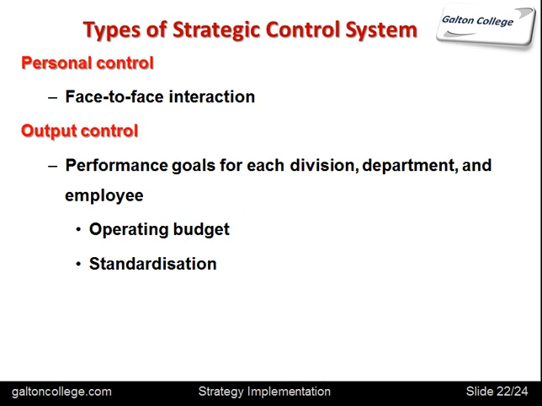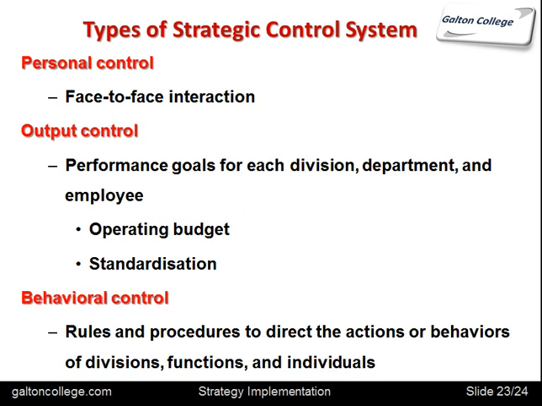So that there are operating budgets, and there's a process of standardization. The employees may fall into categories, so there's an element of standardization, and there are operating budgets in place to achieve each level of the task that's been set.